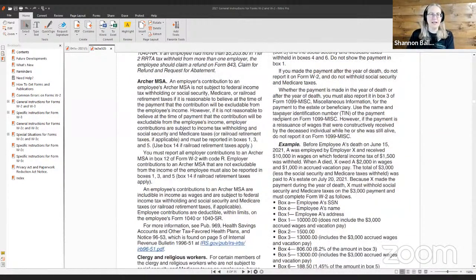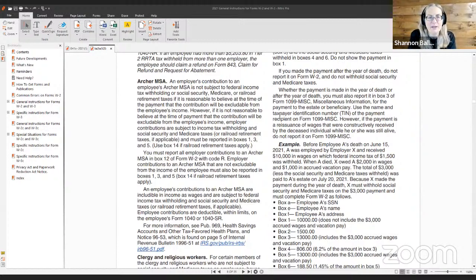Archer MSA. An employer's contribution to an employee's Archer MSA is not subject to federal income tax withholding or Social Security, Medicare, or railroad retirement taxes if it is reasonable to believe at the time of the payment that the contribution will be excludable from the employee's income.